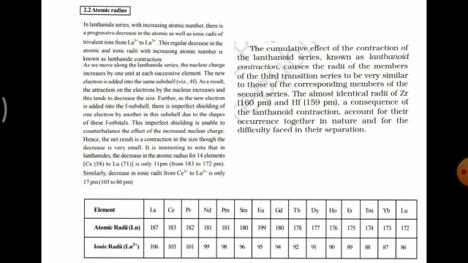We notice that in lanthanides, the decrease in atomic radius for 14 elements, that is from cerium to lutetium, is only 11 picometer. And similarly, the decrease in ionic radii from Ce3+ to Lu3+, that is for trivalent ions cerium 3+ to lutetium 3+ ions, is only 17 picometer.